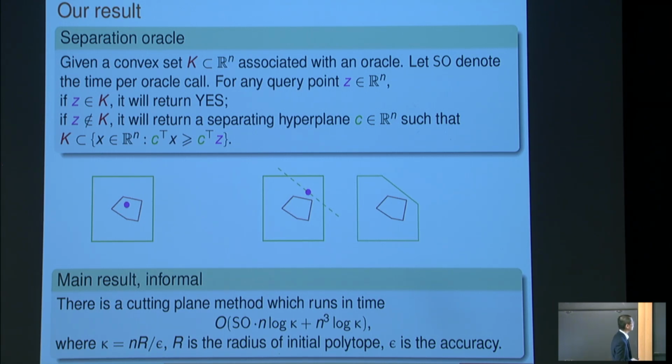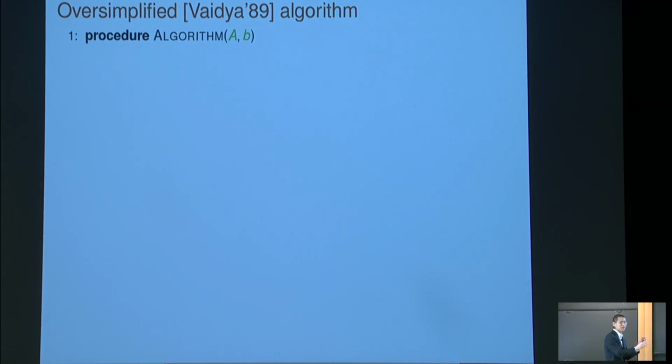Okay. Next, I will give you a brief idea of how this algorithm works. This is just the original VDS algorithm. It's actually very simple. In the input at the beginning, you have some matrix A and vector B. There is some initialization point Z you choose, and it could be the center of some polytope. I'm not going to define how we define the polytope here.